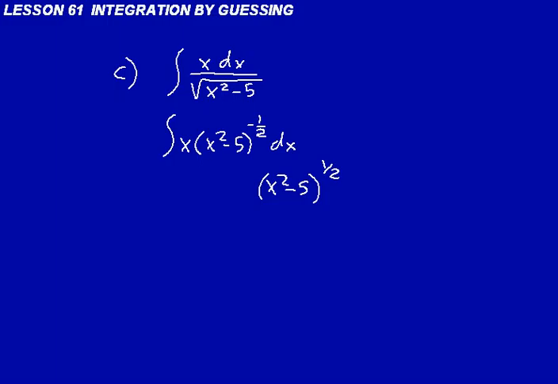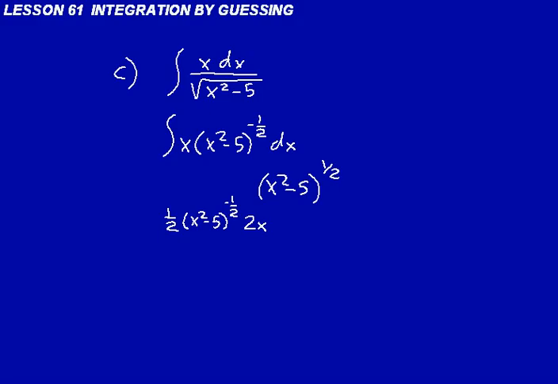So if that's our guess, take the derivative of that guess: 1/2 times x squared minus 5 to the minus 1/2 power, and then times the derivative of the inside function, x squared minus 5. That would be times 2x.